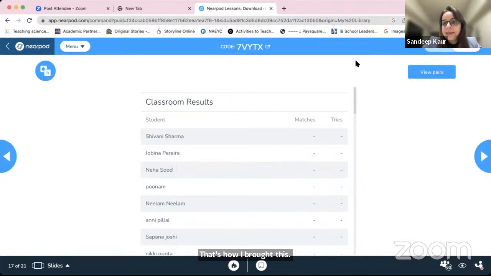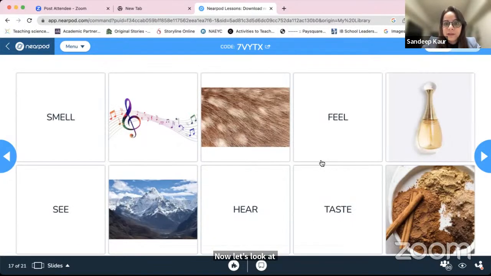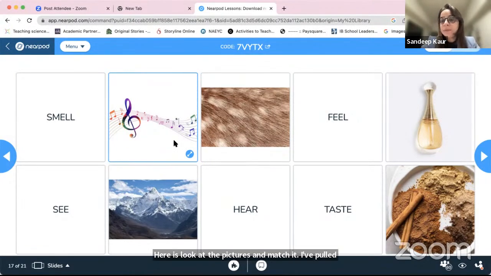Now let's look at another activity that I've put here, a sharing kind of activity, where you look at the pictures and match them. I've pulled out some real life examples, and I'm trying to see whether the students can build connections to the sense organs and what they would use to make meaning out of it.